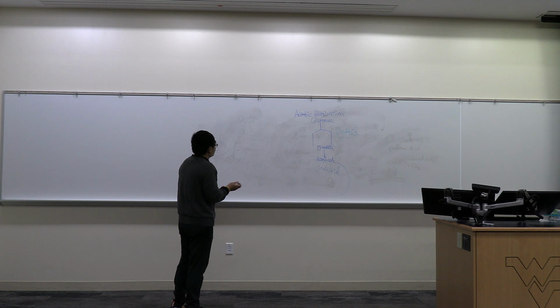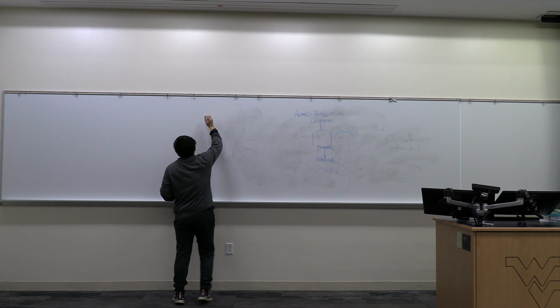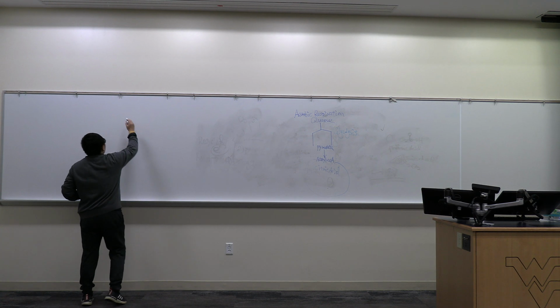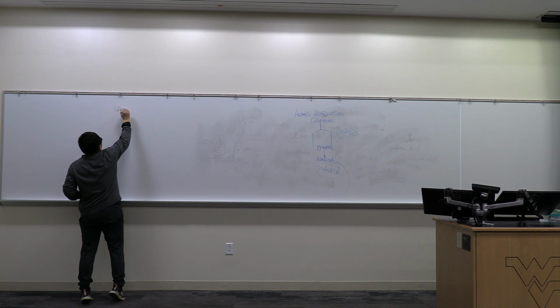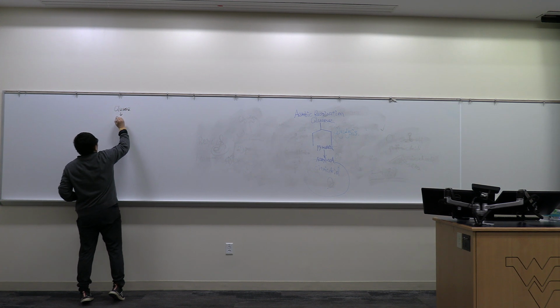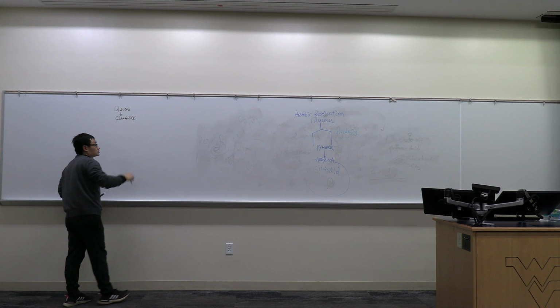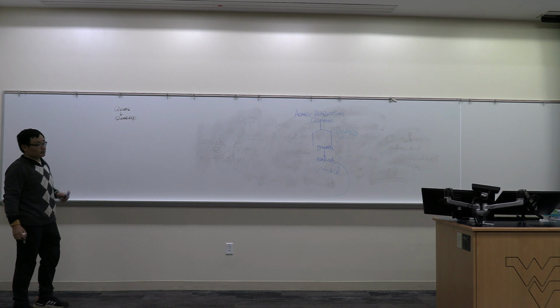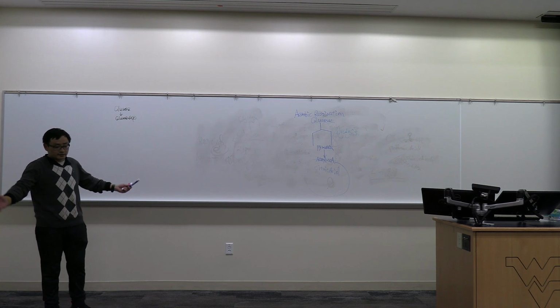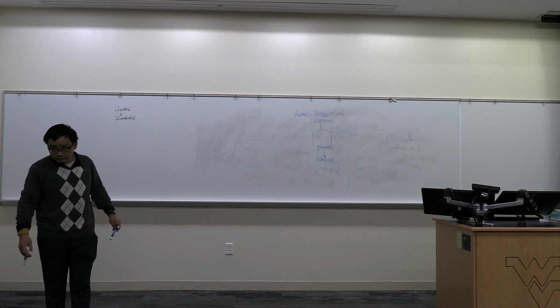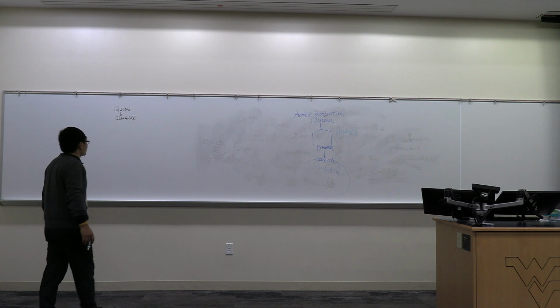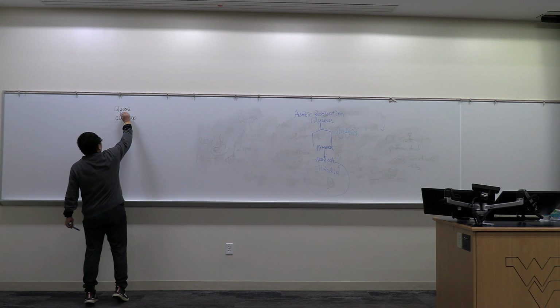Okay. First thing, let's draw a little bit here, then we can talk. Glucose will become glucose 6-phosphate. Where does that phosphate come from? It comes from energy, ATP.